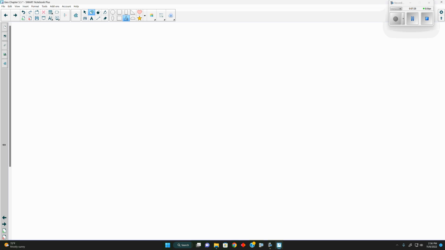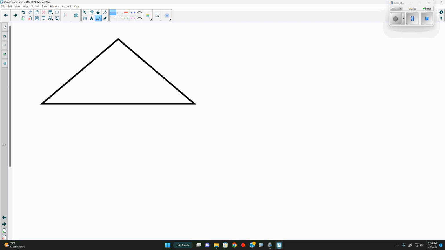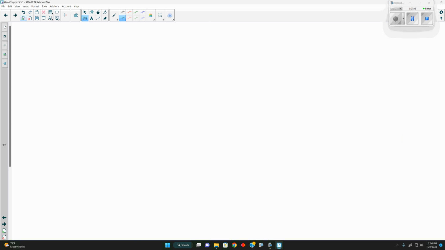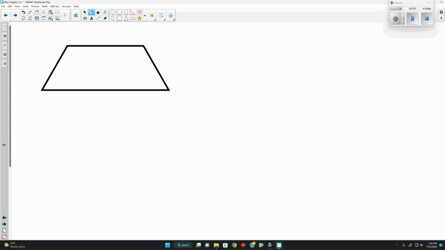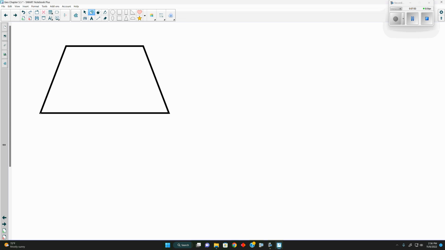Let's see here. Number 12 on 5.3. So number 12, nope. So 12 on 5.3, let's get the right shape. This shape here.